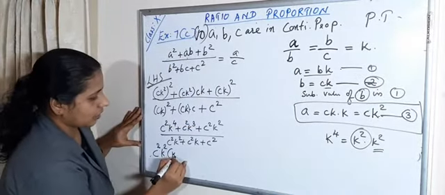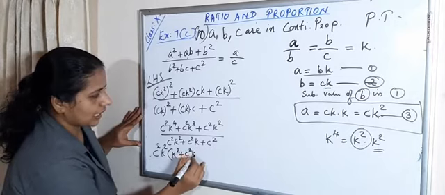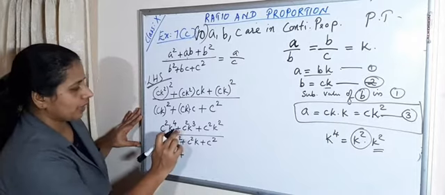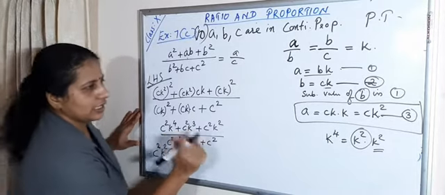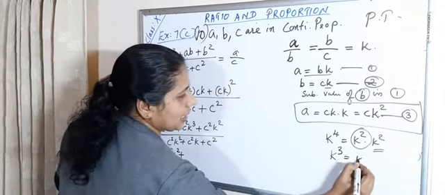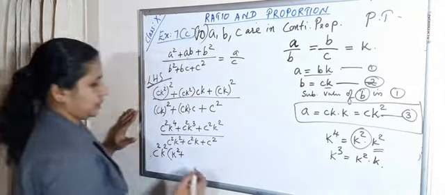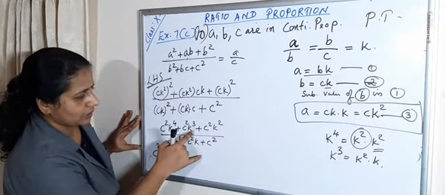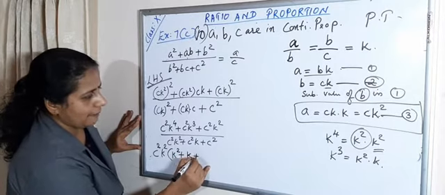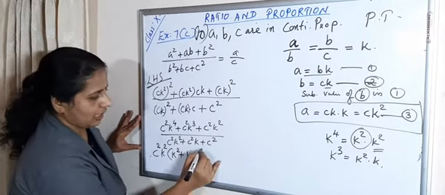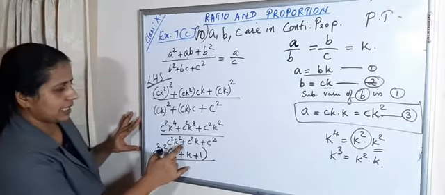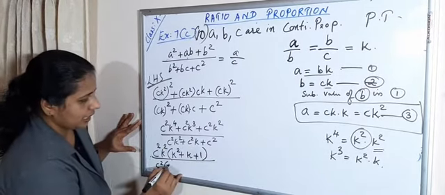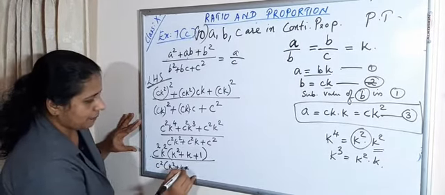So k² plus, from this one also I am taking c² k², then k cube means when I take k square outside, k is left. So k plus, from this one, 1. Divided by, I am taking c square as common in all terms, so I am taking c square only: k² plus k plus 1.